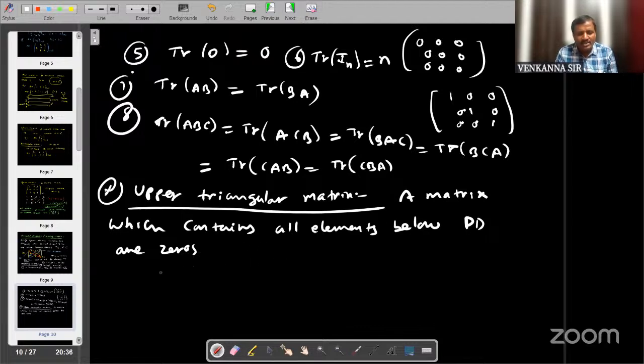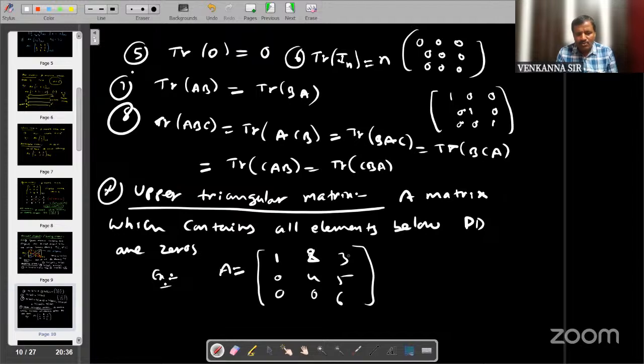If you take an example for the upper triangular matrix, 1 2 3, 0 4 5, 0 0 6, that is the upper triangular matrix.